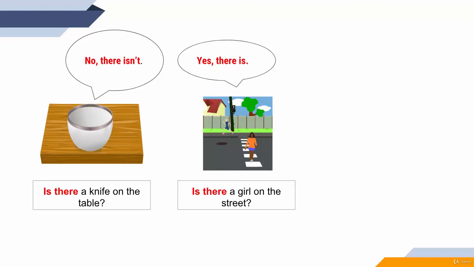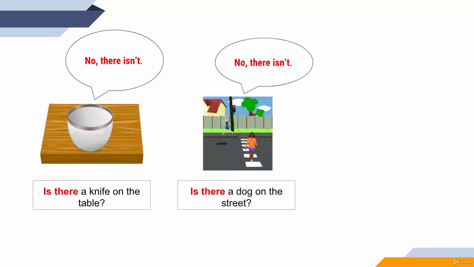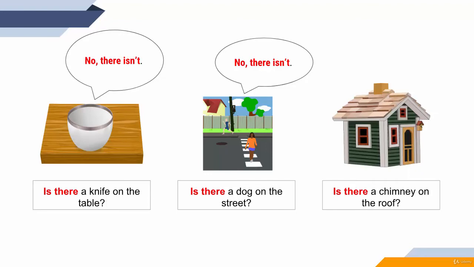More examples. Is there a girl on the street? Yes, there is. Is there a dog on the street? No, there isn't. Okay? Question. Positive answer, yes, there is. Negative answer, no, there isn't. Is there a chimney on the roof?